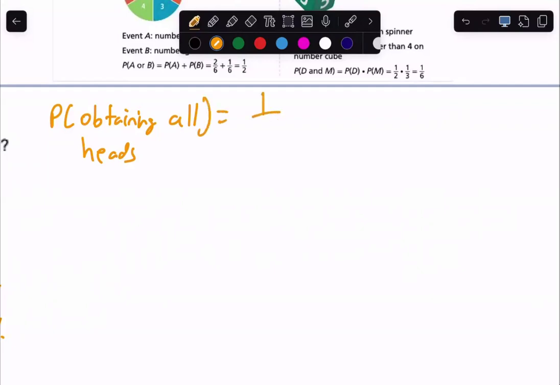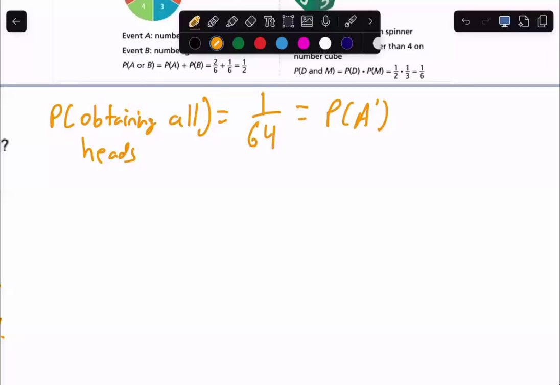It is 1 out of 64, and this is the probability of A prime. So the probability of obtaining no tail, the opposite of obtaining one tail, is 1 out of 64.